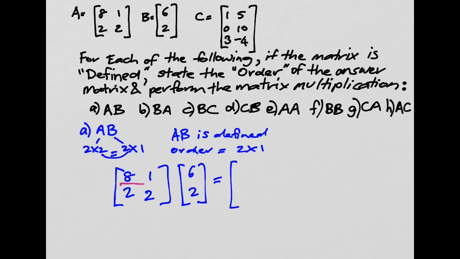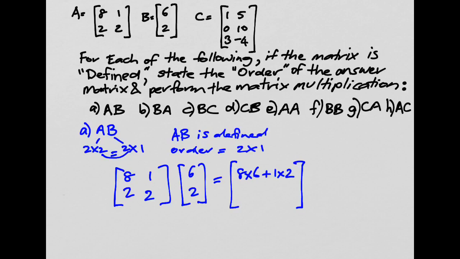So we work with this first row and we're multiplying it by this column. Now I like to imagine it being flipped and multiply out. I do this in my head, I don't actually write it like that. So this top number will be 8 times 6 plus 1 times 2.